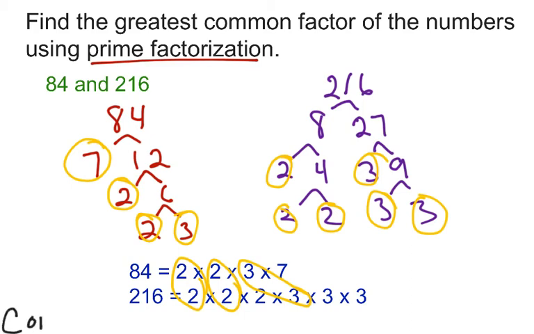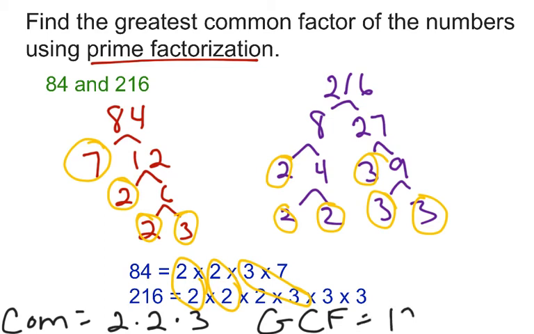So my common factors are 2 times 2 times 3, or 2 squared times 3, which means my greatest common factor is 2 times 2 is 4, 4 times 3 is 12. So my greatest common factor between 84 and 216 is 12.